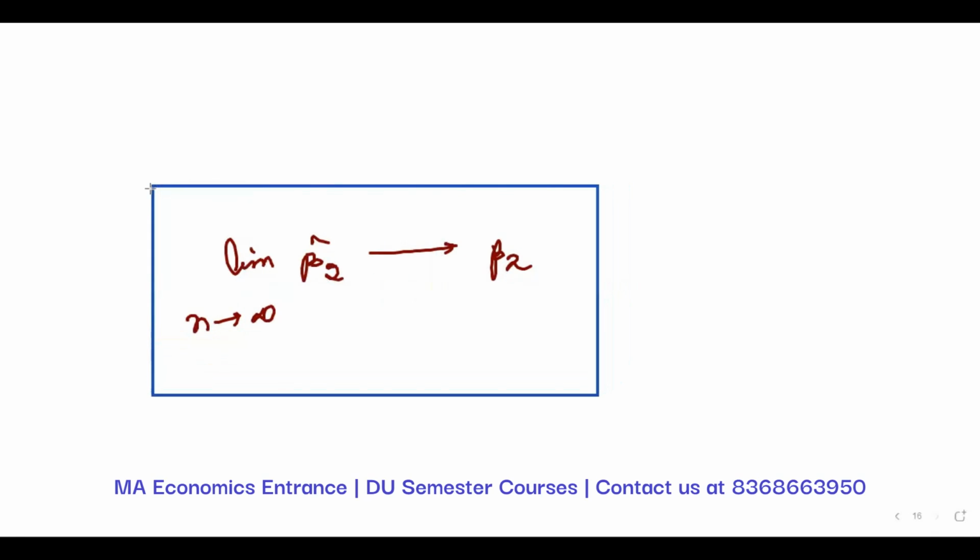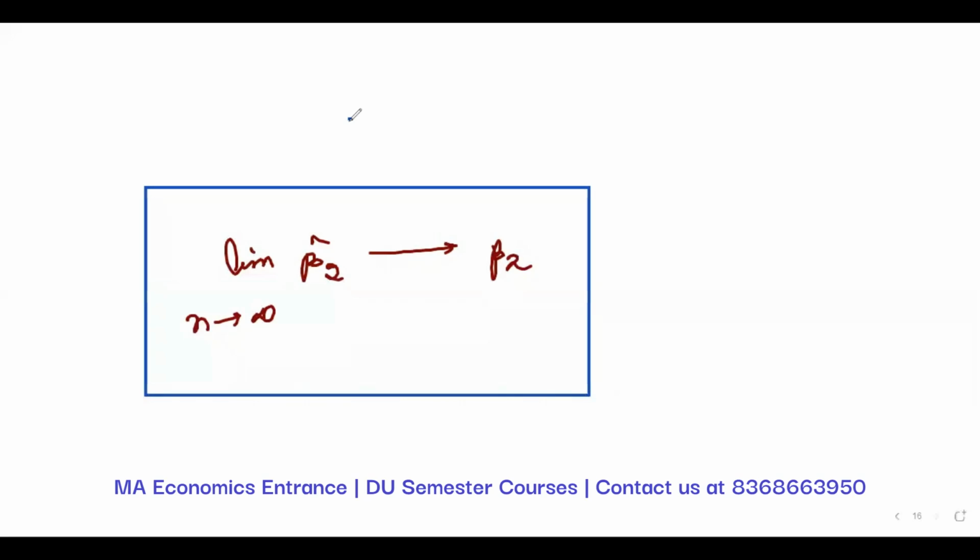So the definition of consistency is that the limit of beta 2 hat as n tends to infinity, as the sample size keeps on increasing, the value of beta 2 hat approaches the true value of the population. If that is the case, then this is called a consistent parameter.